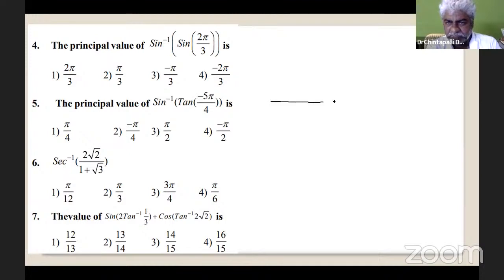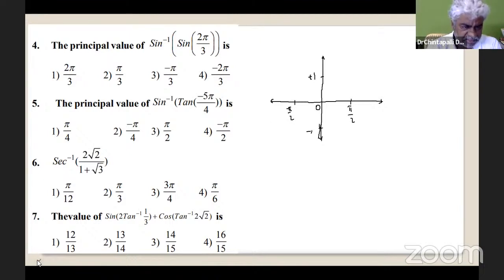x-axis, y-axis, origin, pi by 2, plus 1, minus 1, minus pi by 2.